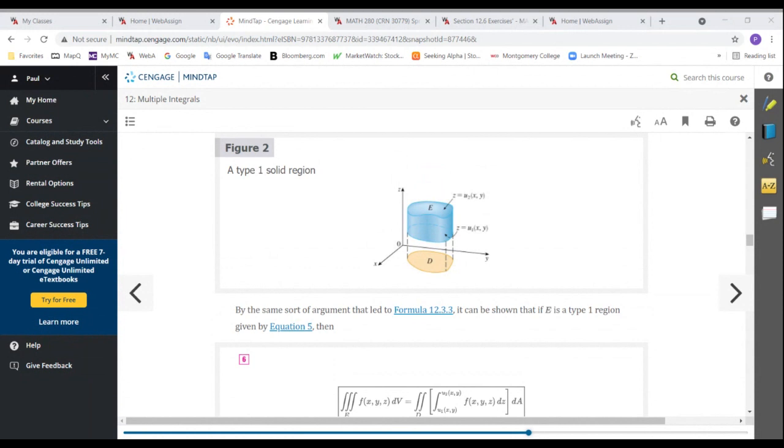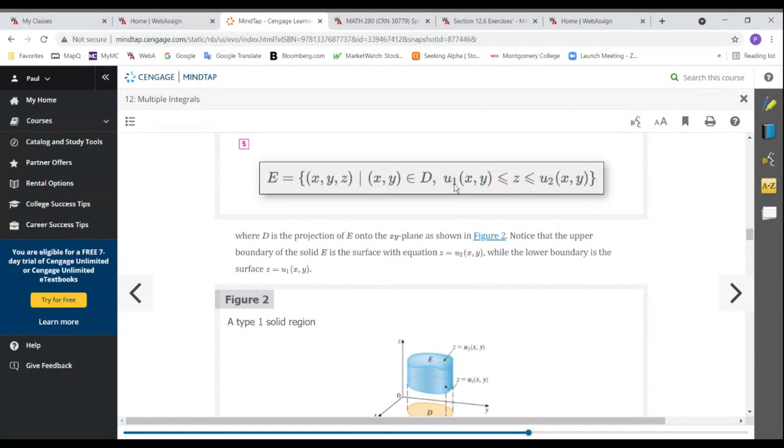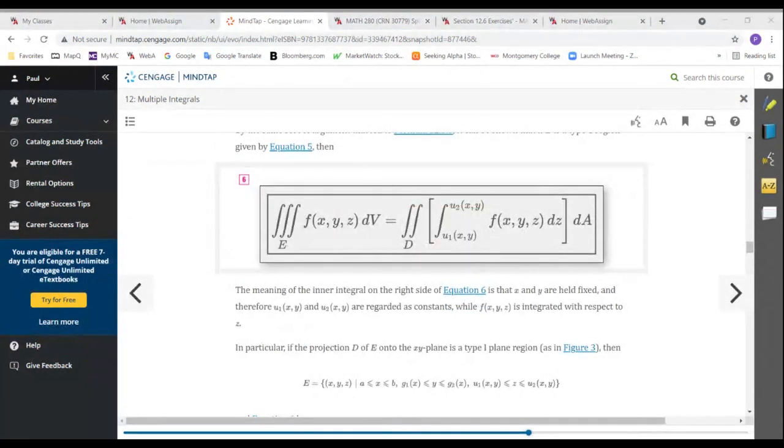So if you wanted a triple integral where your region E is described as you see in figure 2, they have it written out this way: the set of all points such that Z is between the bottom and the top surface, and the X and Y coordinates are in region D in the XY plane. This is how you would do it.